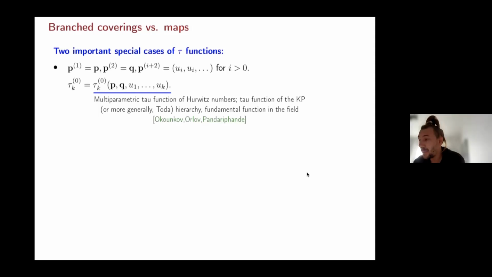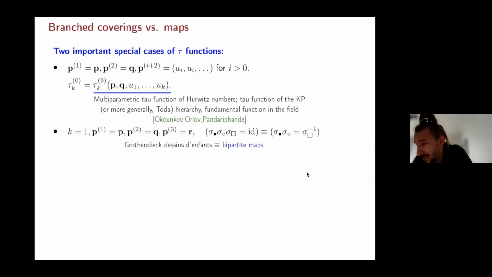This function has many beautiful properties, and a very important property that was discovered by Okounkov, Orlov, and Pandharipande at the beginning of 2000 is that this function is a tau function of certain integrable hierarchies. And since then, this function became really important in the field, and it got a lot of attention.